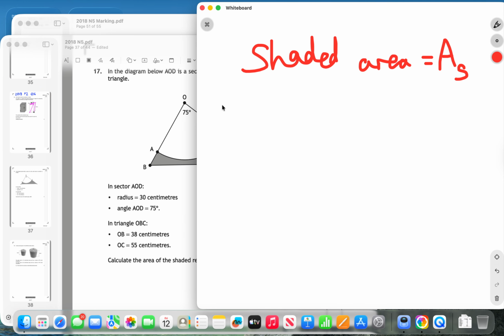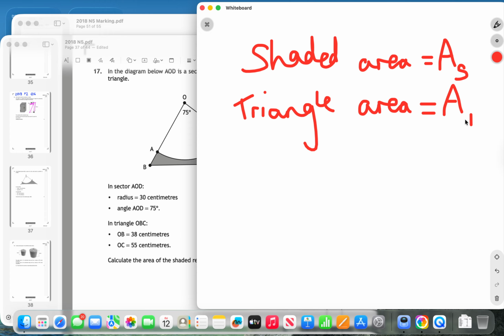We'll call the triangle area AT. It saves us having to write all of this out each time because that will take up a lot of time. But just make it clear to the marker which is which.